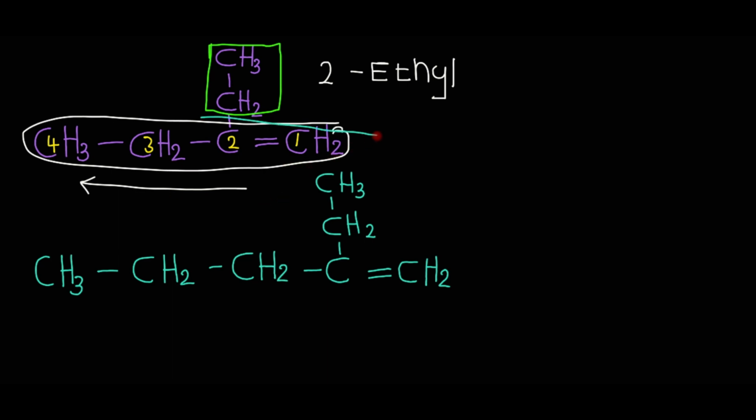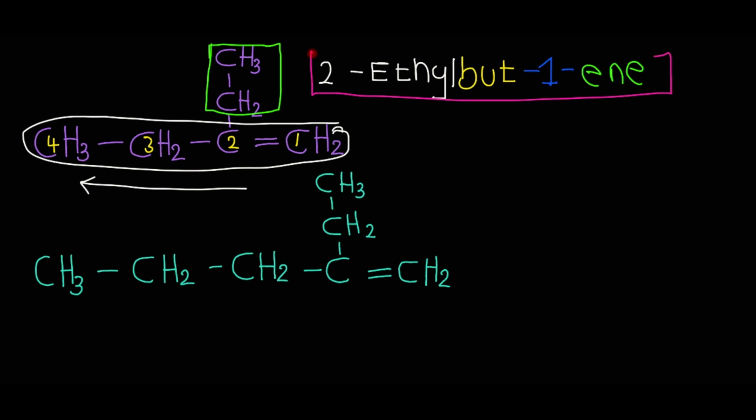Remember, we choose this direction because it obtains the double bond early. So 4 carbons, so but. And now specify the double bond. This double bond is at carbon number 1, so 1, and from there the suffix is ene. So this is the name: 2-ethylbut-1-ene.